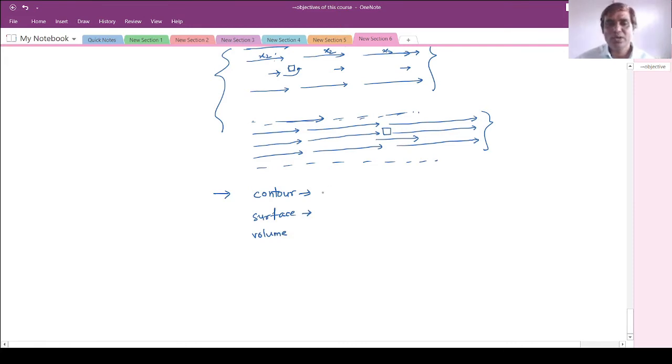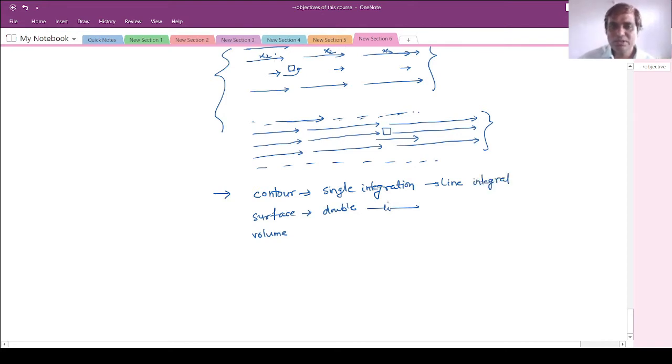Contour is basically a single integration, called the line integral. Surface will be your double integration.